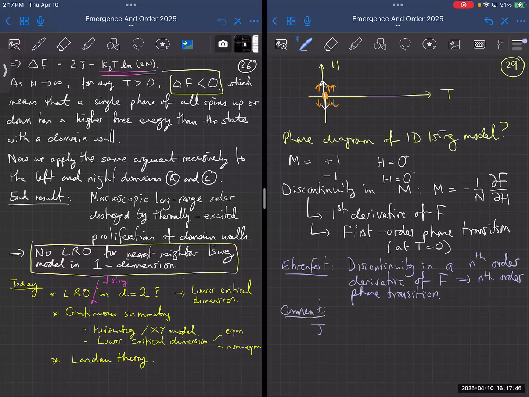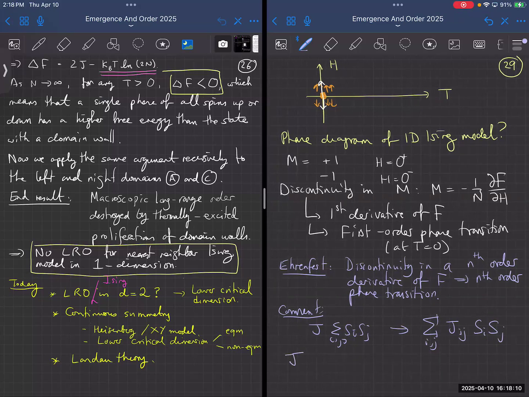if I take this J, S_i S_j, if I replace that by a more general model, which looks like this, sum over i and j, and then there's a matrix J_ij, and then S_i S_j, like that. So that could be a Hamiltonian, which is a more general one than the one I wrote down. And let's suppose it were the case that J_ij was actually J as a function of the position of spin i minus the position of spin j.